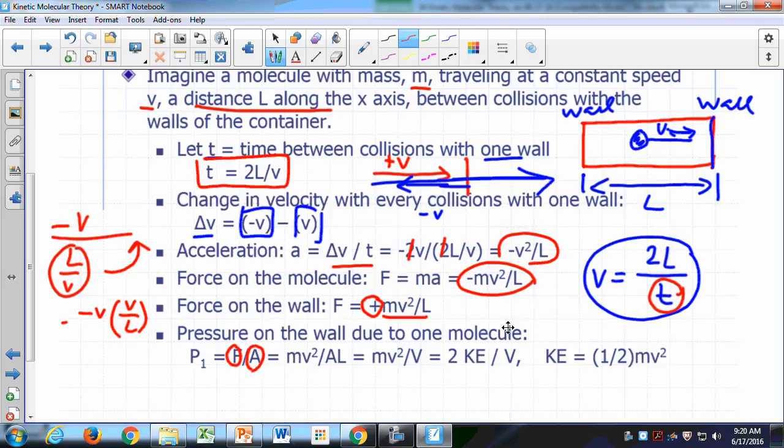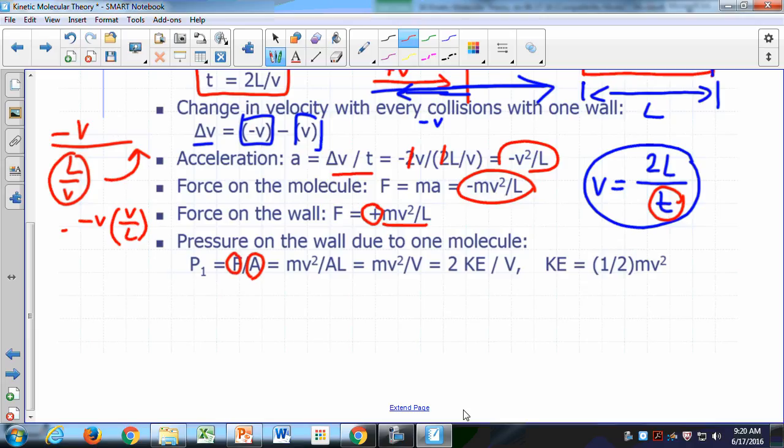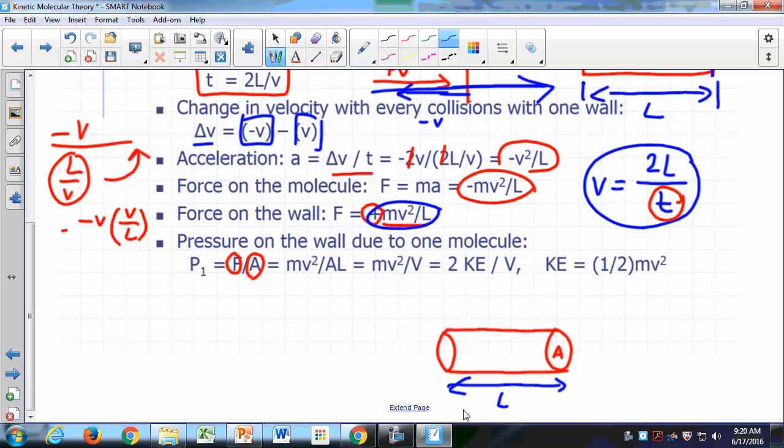So if you imagine this is your area of the wall, and the distance between the walls is L, you can see that I have mv squared over L divided by the area, and I get mv squared over area times length.